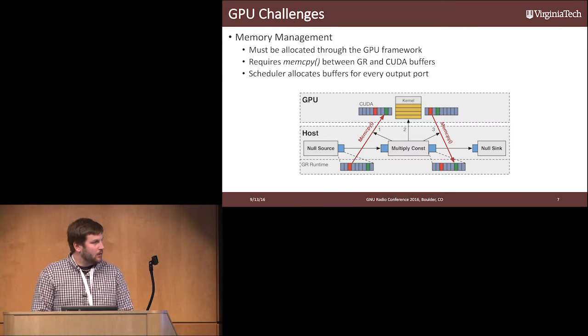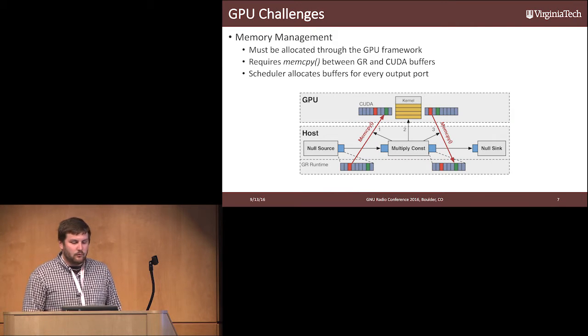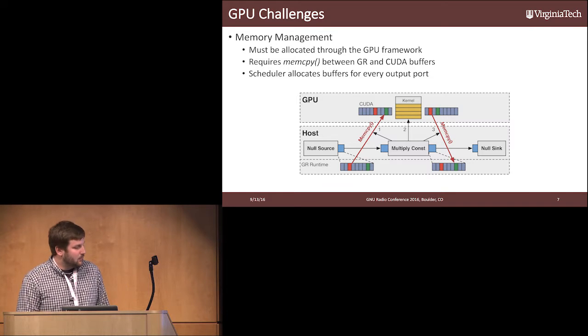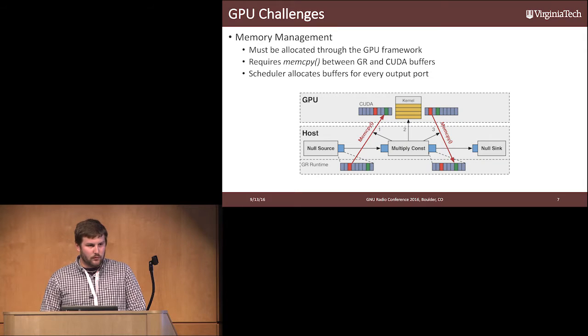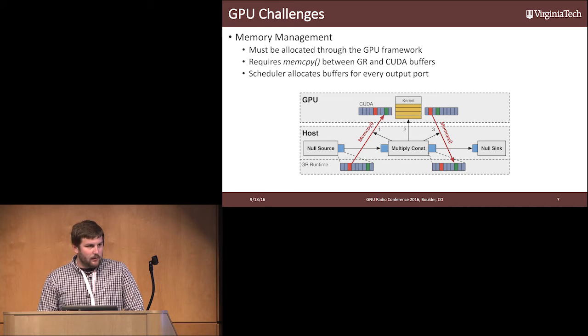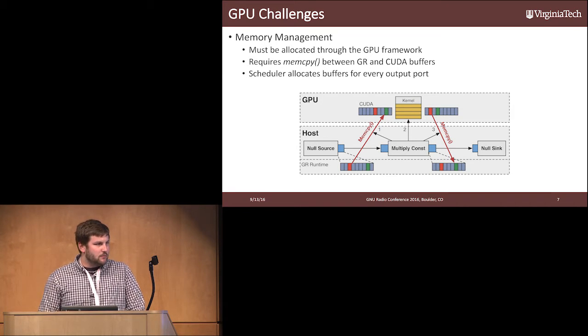Another thing you have to take into account when dealing with GPUs is memory management. Every framework for GPUs has to allocate its own memory. You can't use traditional methods like malloc. This is simply to ensure that the GPU has access to whatever memory you're trying to use.